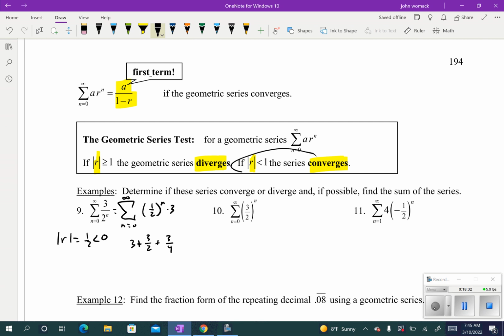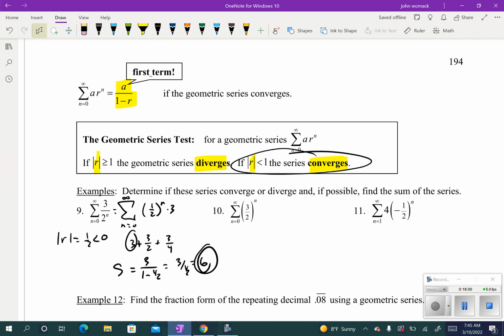That means it converges, so we can find the sum. The sum is equal to my first term, which is 3, divided by 1 minus R, which is a half. So that's 3 over a half, which comes out to be 6. That's the sum of that infinite series.